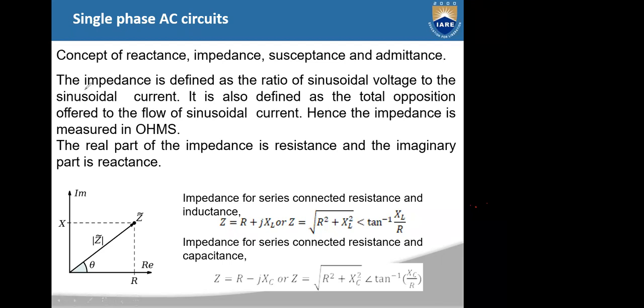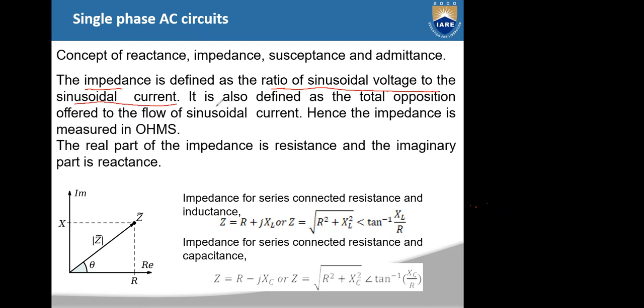And the impedance. The impedance is defined as the ratio of sinusoidal voltage to the sinusoidal current.